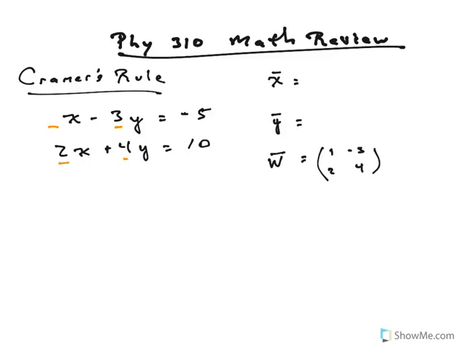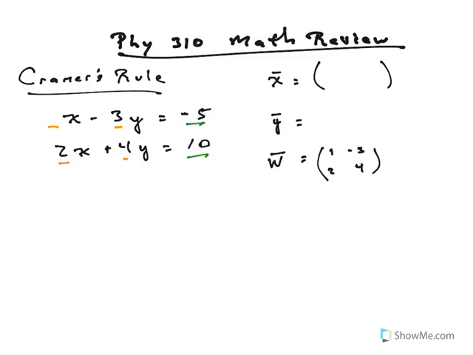Now the other two, the ones that have to do with the variables themselves. It's very similar. You're basically going to copy the Wronskian, except for making one correction to it. And the correction goes like this. If you're looking at the matrix for the x variable, then all the elements that have to do with the x column, you're going to change them to be the answers to your equations.